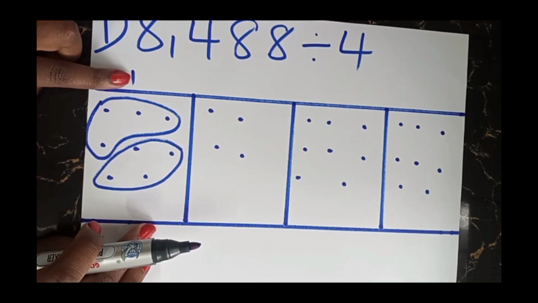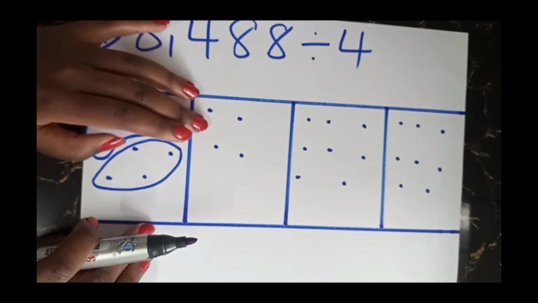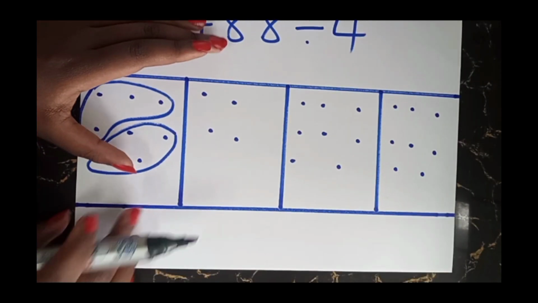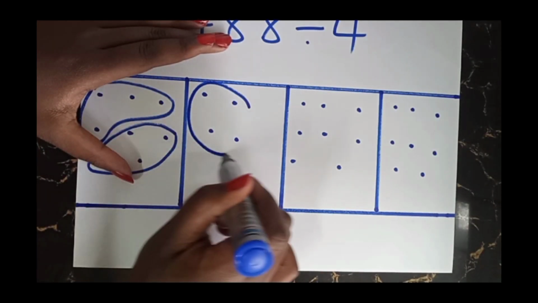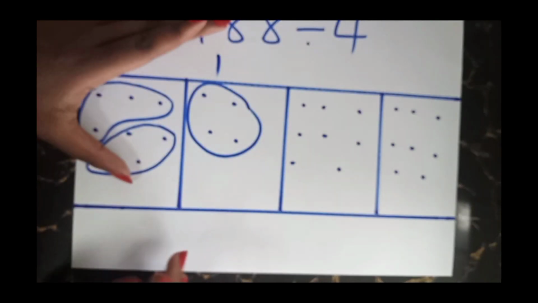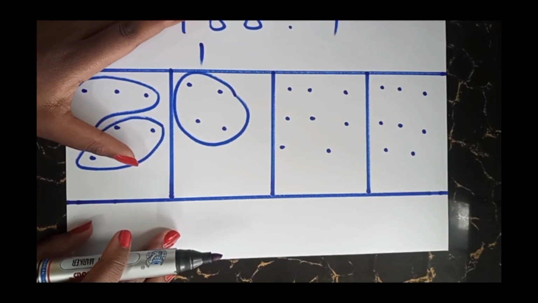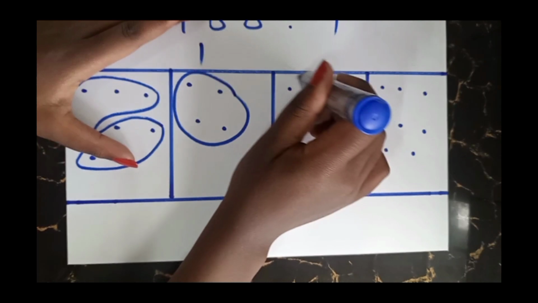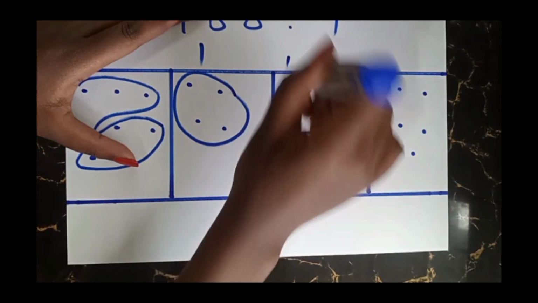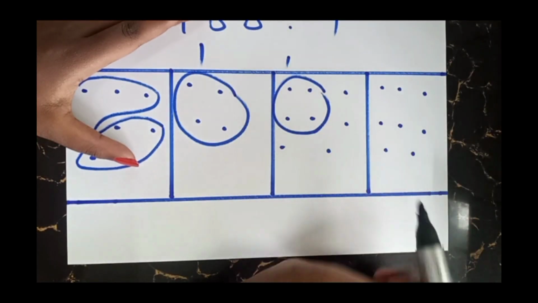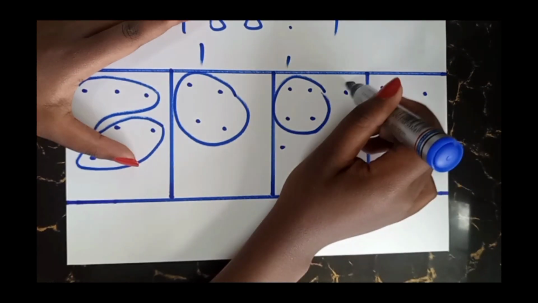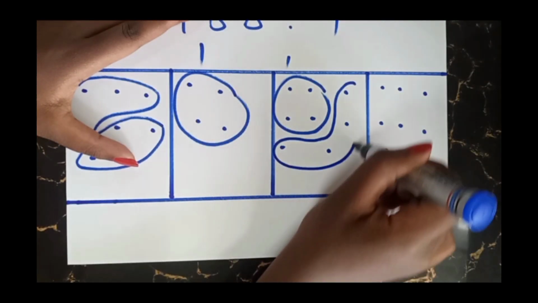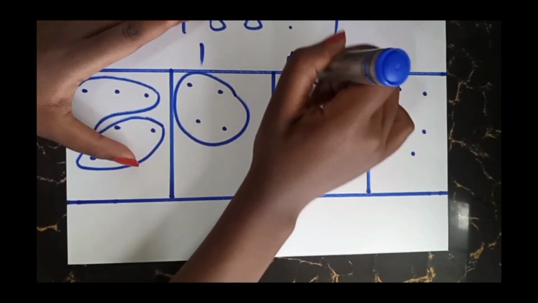So we'll write a 2 over here. In this box, how many groups of 4 do we have? We only have one group of 4. So you'll write a 1 here. Here, how many groups of 4 do we have? This is one group of 4. So you'll write a 1 here. And then this is another group of 4. So you'll write another 1 here.